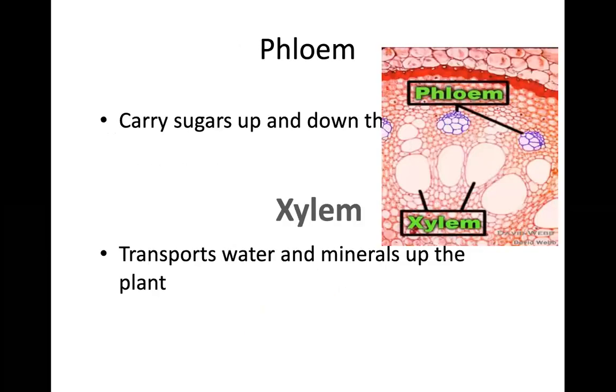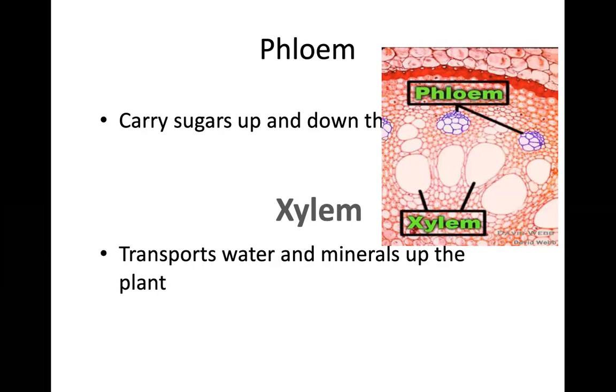Xylem and phloem. That's the word. So what do you see here? Long, like up and down. So when we're talking about xylem and phloem, we're talking about what? A plant. Okay.